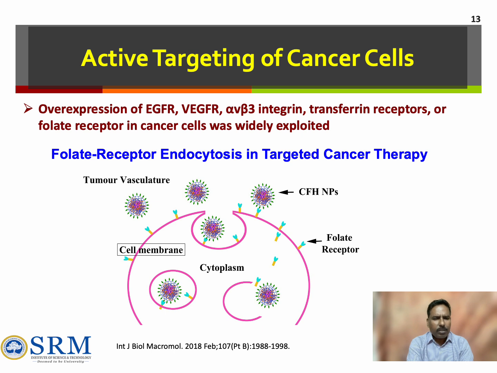In this diagram, we are showing cancer cells overexpressing folate receptor, and the nanoparticle, when functionalized with folate, can efficiently bind to this receptor, and receptor-mediated endocytosis results in engulfing of the nanoparticle into the cancer cells specifically.